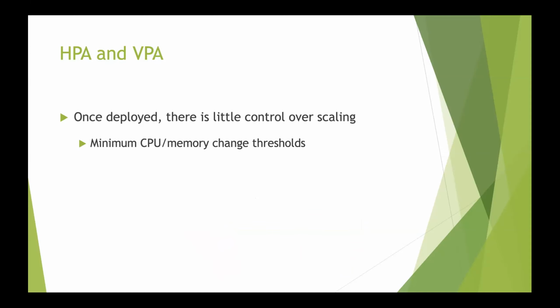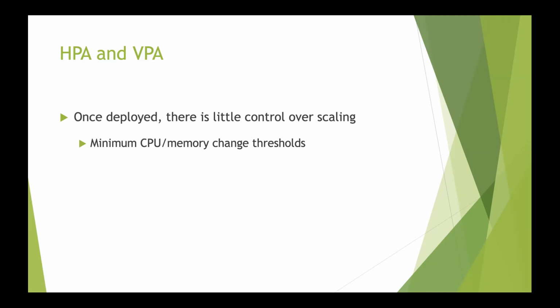Another limitation with using HPA or VPA or both is that once they are deployed, the user gets little control over the scaling. So, for example, per resource or per HPA or VPA, we cannot set a minimum threshold, only above which, if the delta is there, the scaling happens.